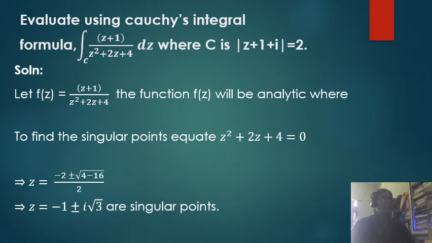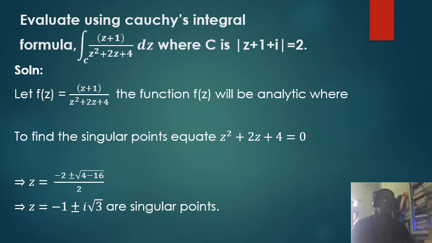Now equating the denominator to 0, this will become a quadratic equation, and by using the formula z equal to minus b plus or minus root of b square minus 4ac by 2a. A is the coefficient of z square, which is equal to 1. B is the coefficient of z, which is equal to 2, and C is equal to 4.